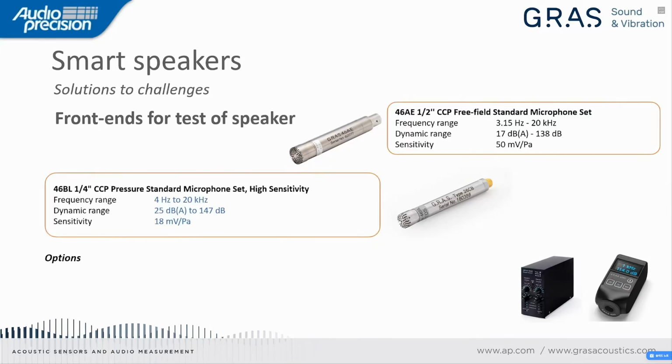You can also use a pressure microphone like the Grass 46BL. It's a quarter-inch, covering almost the same frequency range as the free field microphone. It has almost the same noise floor and upper dynamic range.